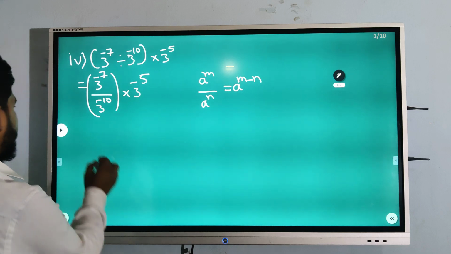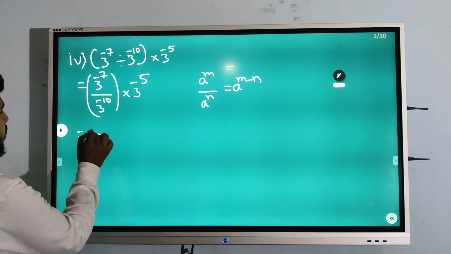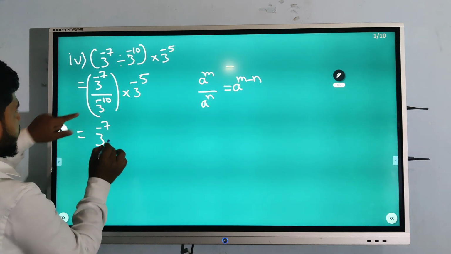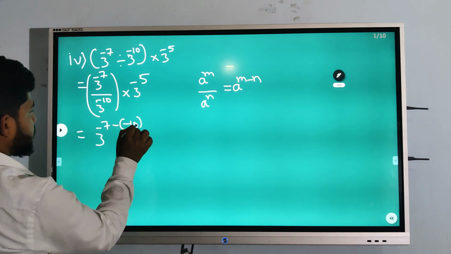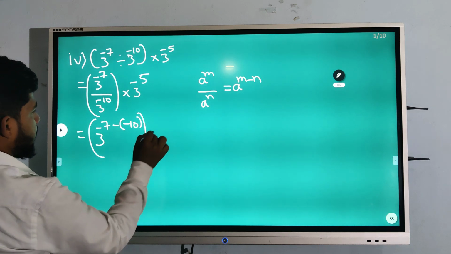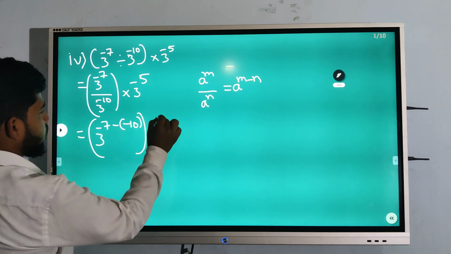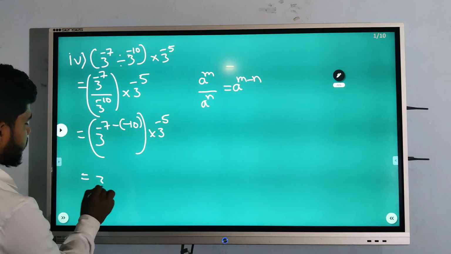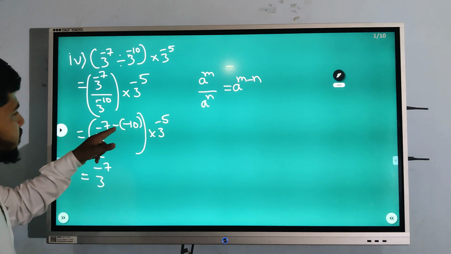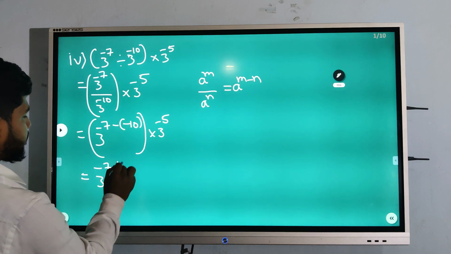Now we can write 3 power minus 7, minus 10, into 3 power minus 5. Minus into minus becomes plus 10.